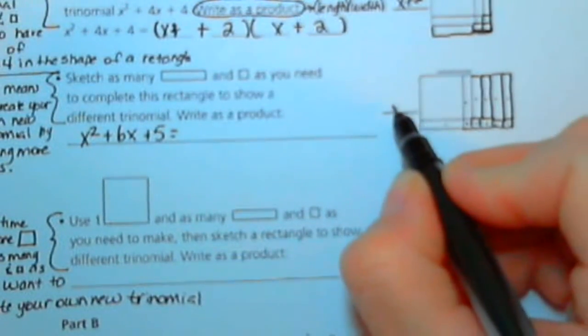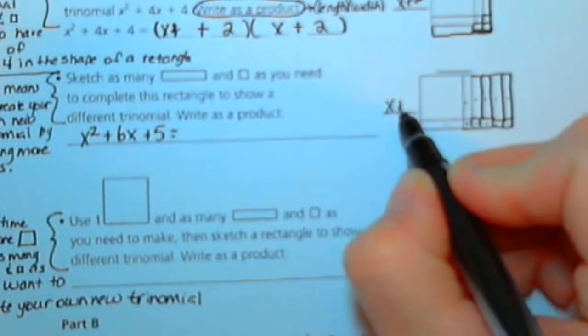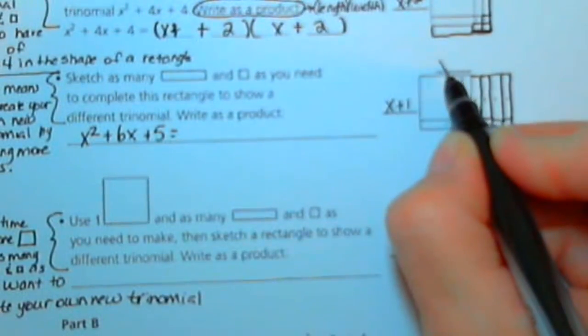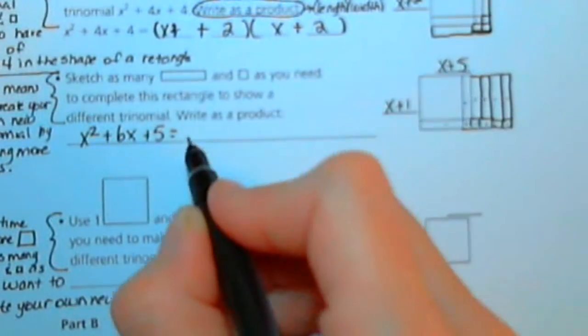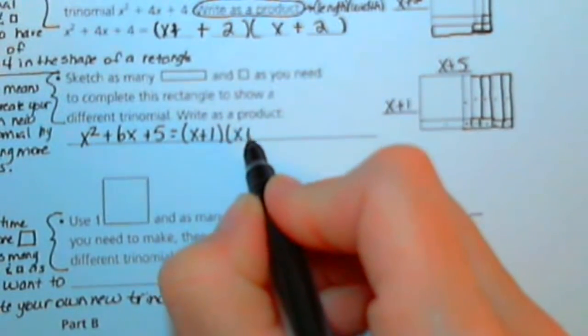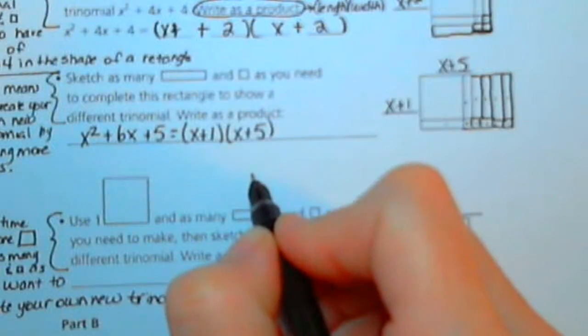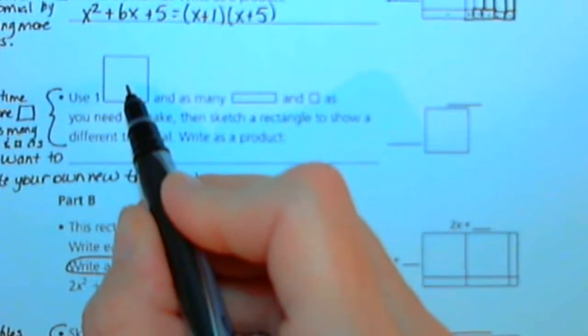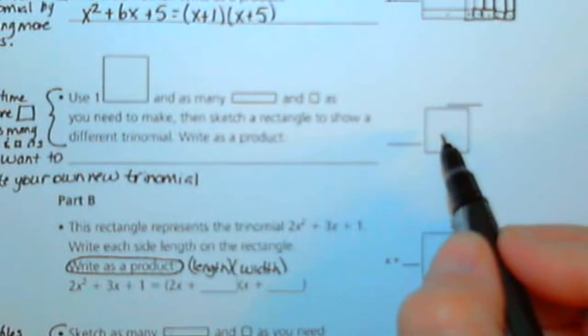How wide is this? This is x plus 1. And this is x plus 1, 2, 3, 4, 5. The product is x plus 1, x plus 5.